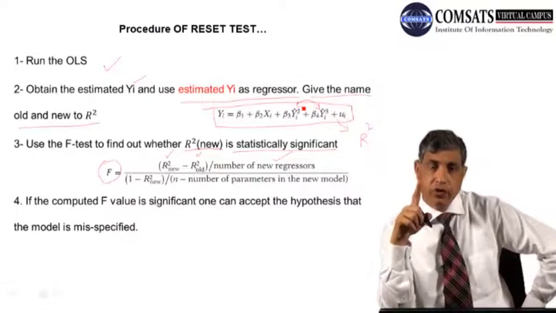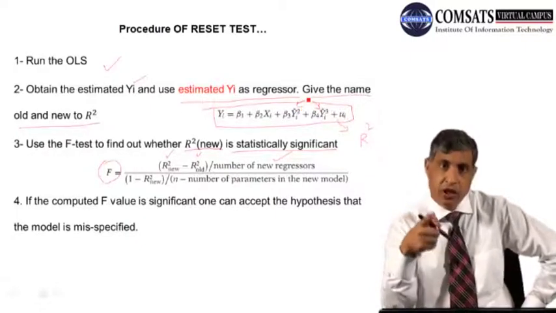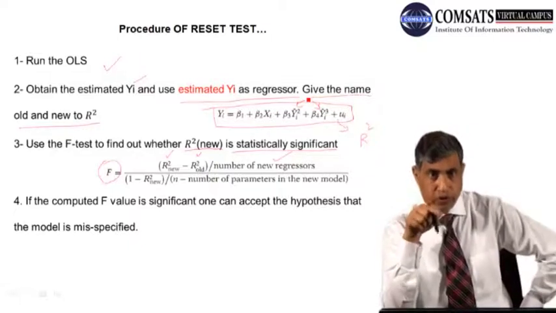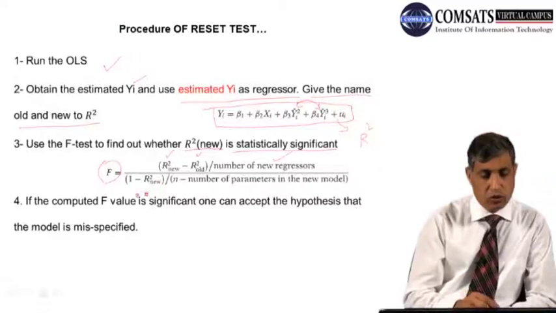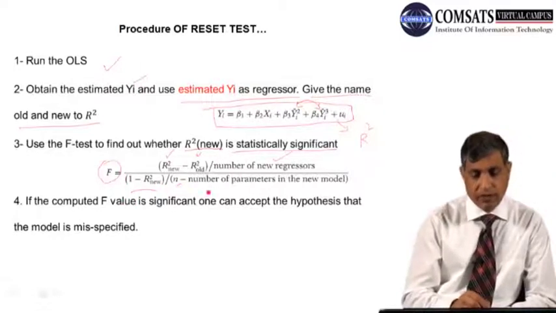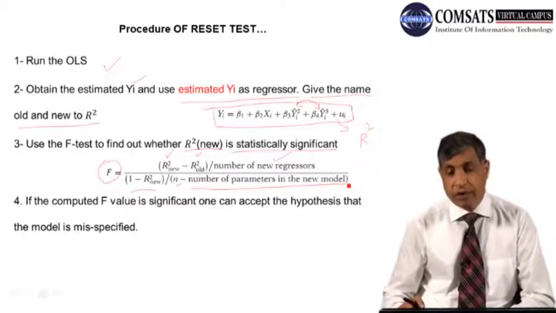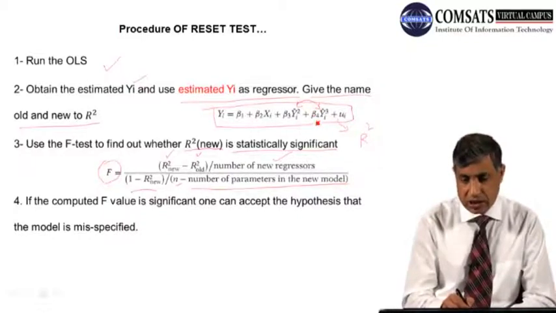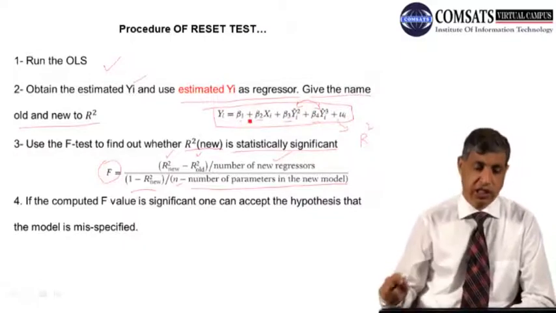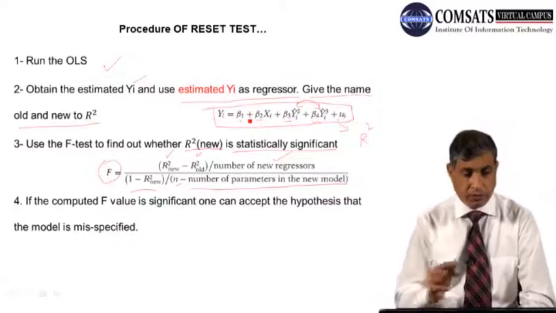If you have introduced only one new regressor, you write 1 here; if you have introduced 2, you write 2, and so on. Then 1 minus r square new, again the same thing, and the total number of observations and the total number of parameters in the new model. Here there are 1, 2, 3 and 4 parameters. So this is the formula.